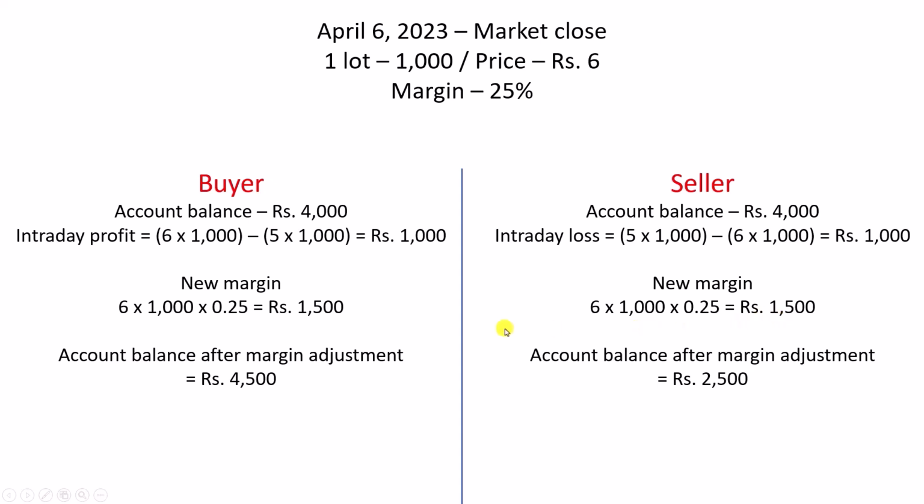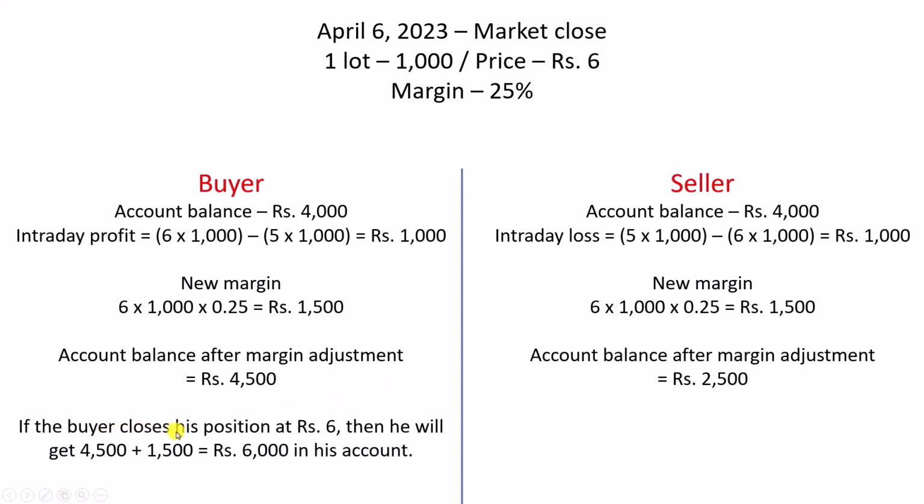Alright. Now, if the buyer closes his position at 6, let us say that before the market close, the price was 6 rupees at 2 p.m. Market closes at 3:30. If the buyer decides that 1000 profit is enough for him, he will close the trade, then he will get this one plus this one in his account.